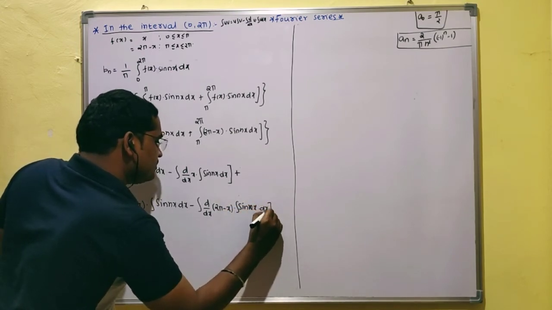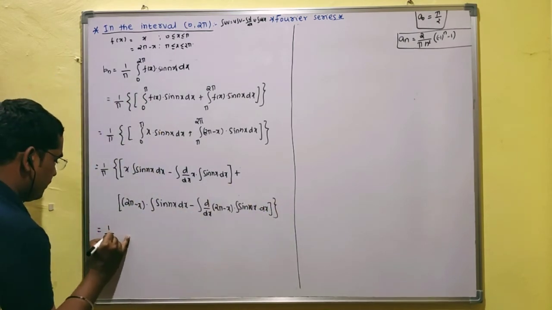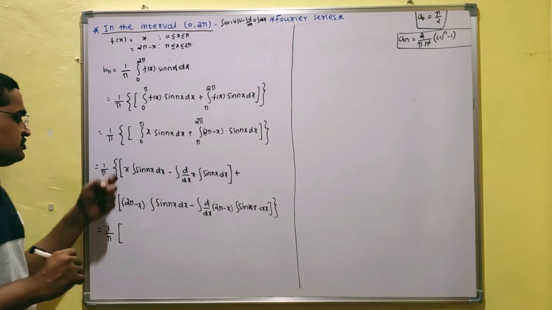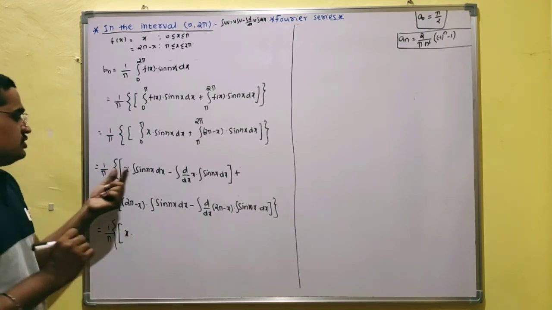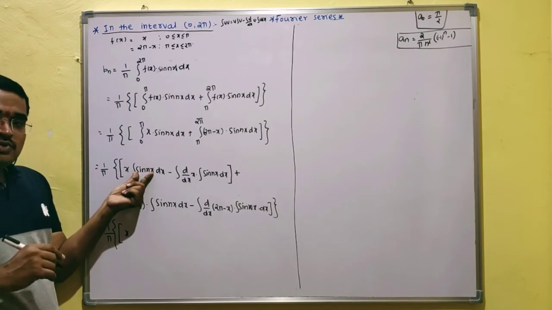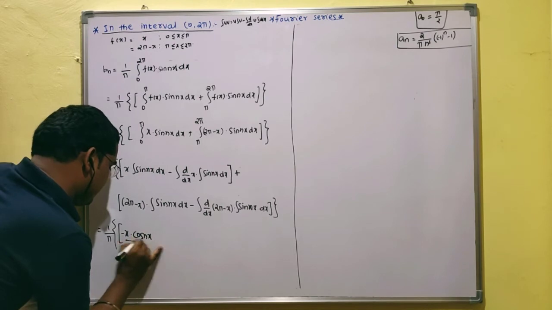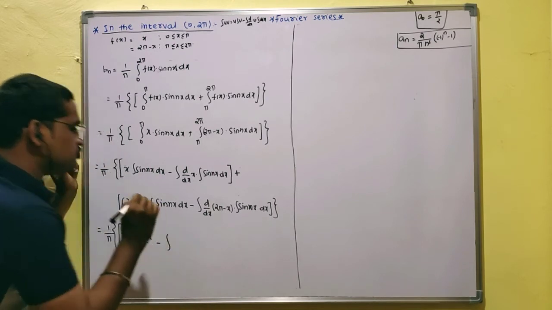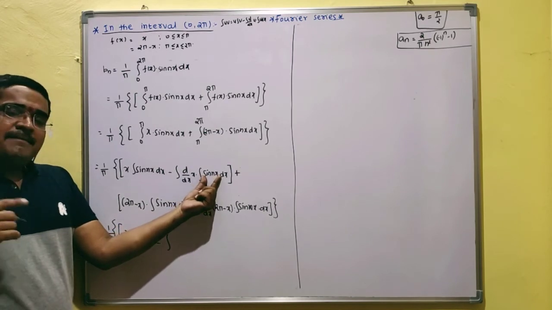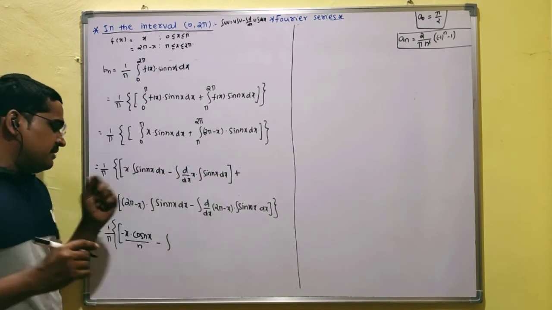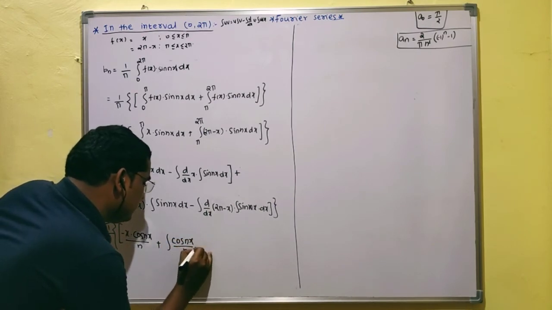Okay, now solve this integration, we'll get our next step 1 upon pi this bracket. Now this x as it is into this, what is the integration of sin? Minus cos nx upon n minus integration of, what is the derivative of x? Is 1, and what is the integration of sin nx? Minus cos nx, minus minus this becomes plus, plus cos nx upon n into dx.